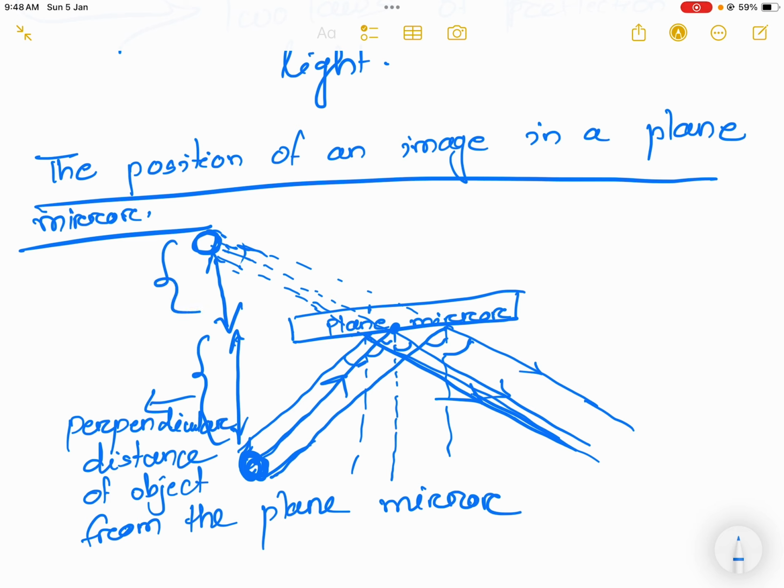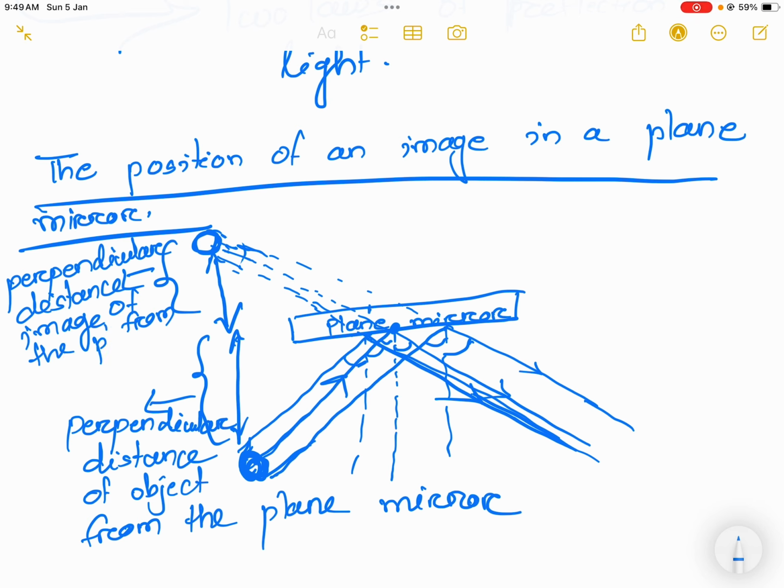And this is the perpendicular distance of the image from the plane mirror. You will notice that this distance and this distance are the same. Let's say this is di, and this is do.